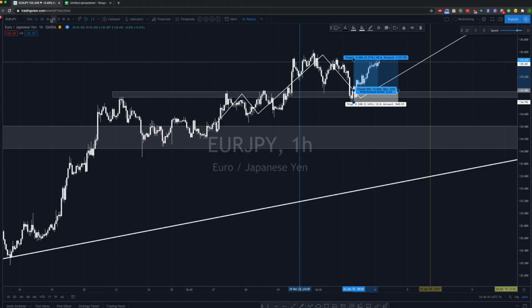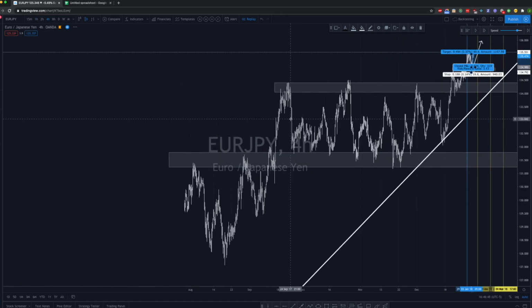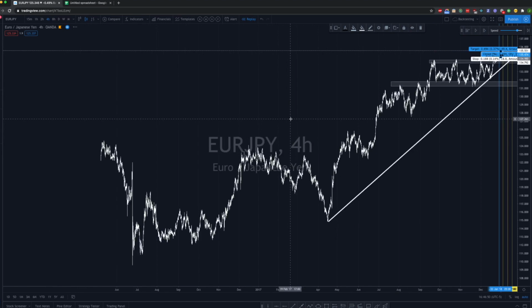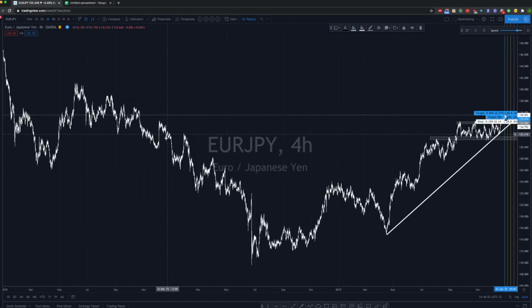Okay, so now what I'll do is I'll just jump back to a higher time frame, have a look to see if I can identify any final targets. What I'll look for as final targets normally is, if we see an area, so price is currently here, right, at this level here. This is where price is now. And it seemed to me like the last time we had a massive sell was here, right?